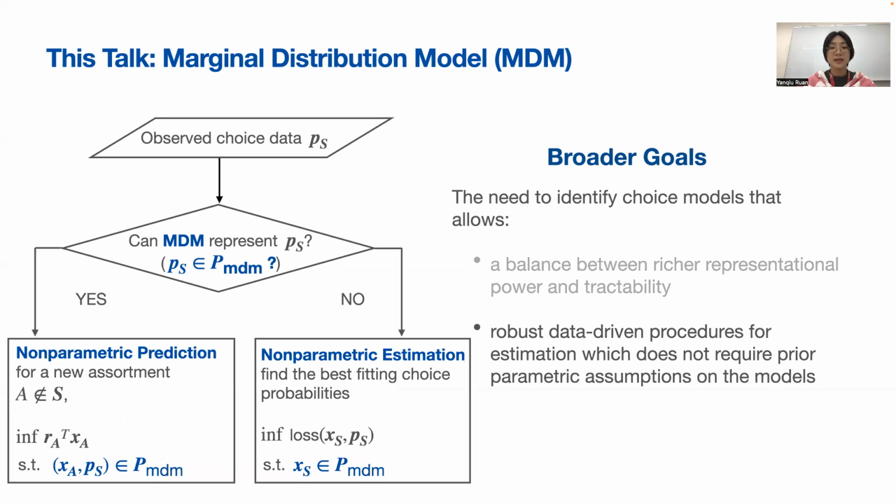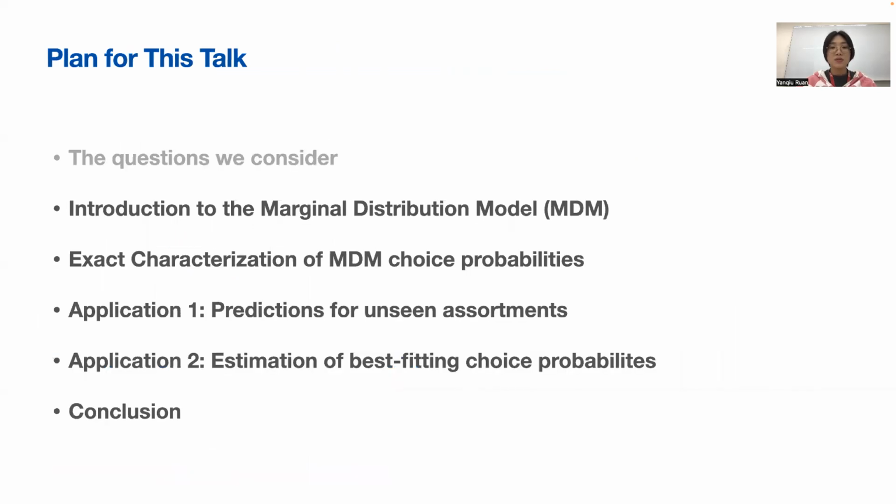If we have the exact characterization of the set of MDM choice probabilities, we then can use it to reach our second goal, to develop nonparametric prediction and estimation procedures. So to study the research questions, here is our plan for this talk.